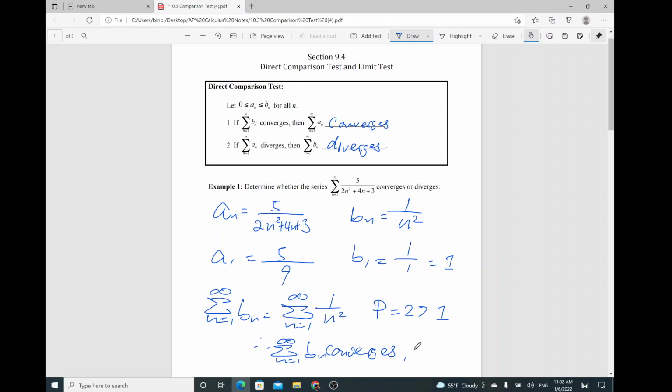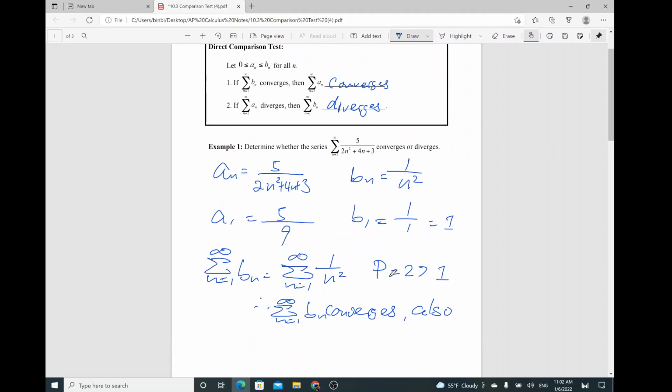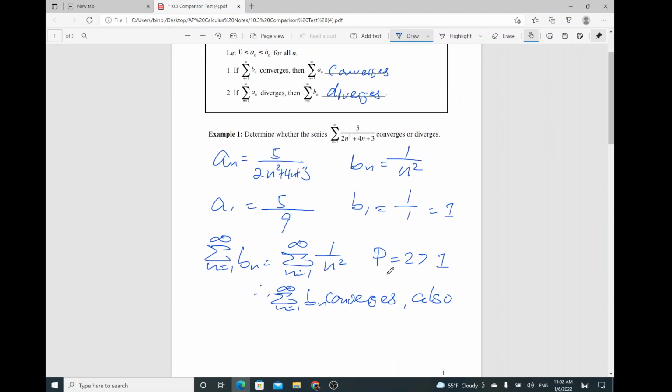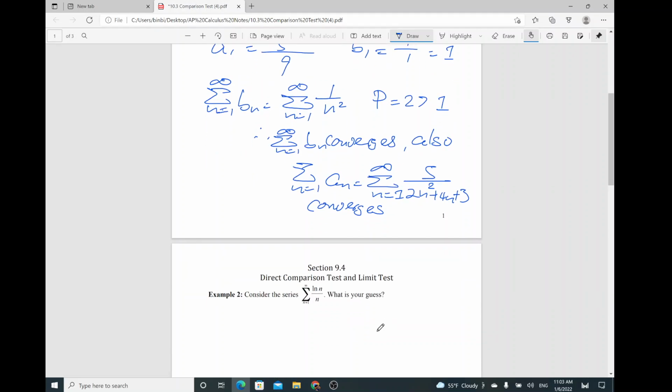Therefore, also by using the direct comparison test, a sub n converges as well. Okay, pretty simple.